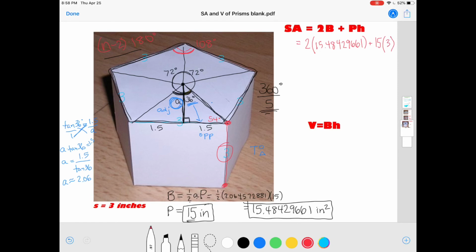So 2 of those base shape areas plus 15 times 3. I'm getting a total of 75.96. I'll finally round for the final answer. I'll round that to a 969. And that's a surface area, square units. That's how many square stickers it would take to cover the whole box.